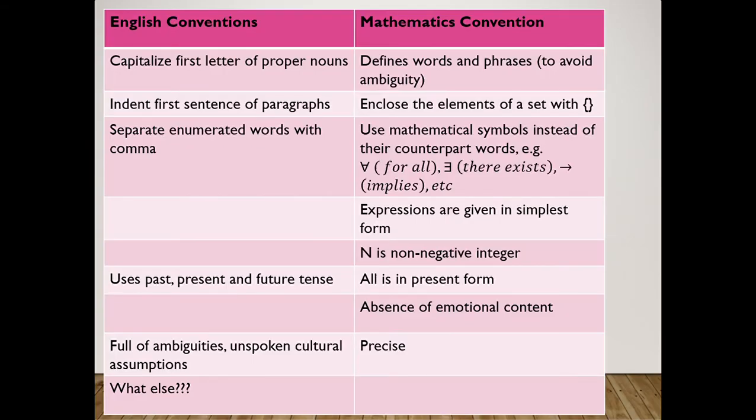So we have here a comparison between the English conventions and the mathematics convention. So for English conventions, capitalize first letter of proper nouns. For mathematics convention, you have to define words and phrases to avoid ambiguity.